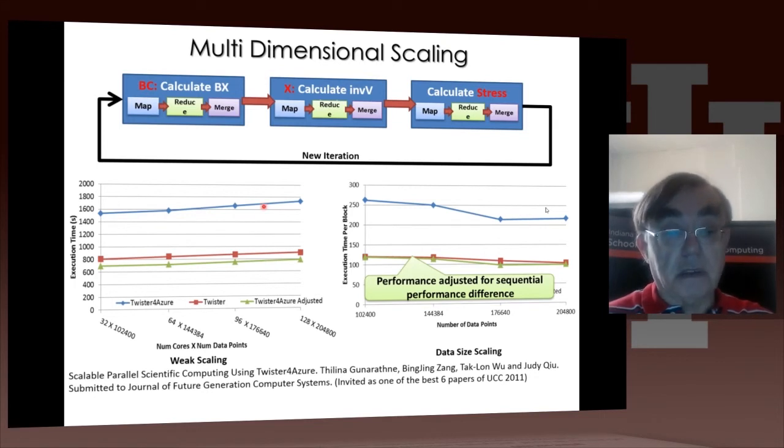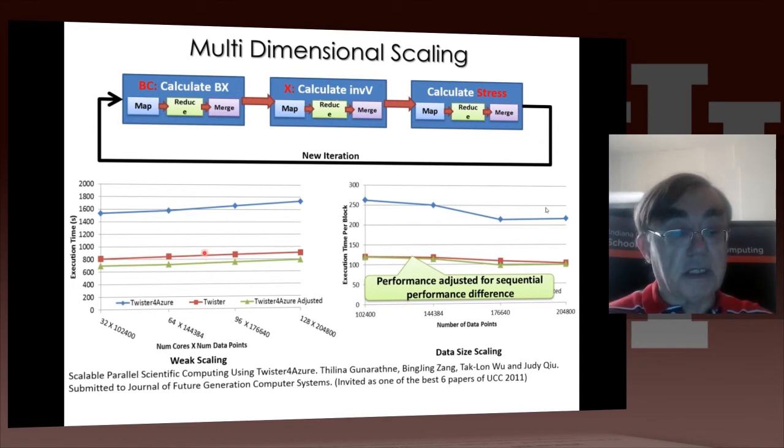There is actually a reasonably big effect, over a factor of 2, because the Azure nodes are actually slower than the Linux nodes that we're using. So you can look at the performance of the sequential code and remove that effect, which takes the blue curve, which is the raw Twister for Azure time, and converts it to the green curve.